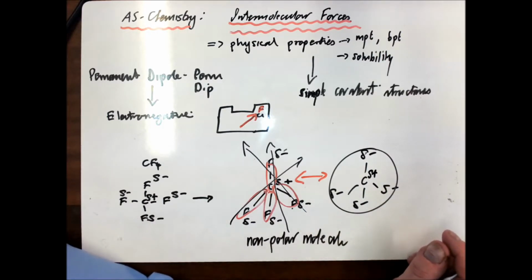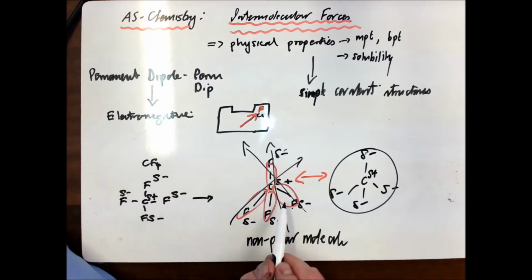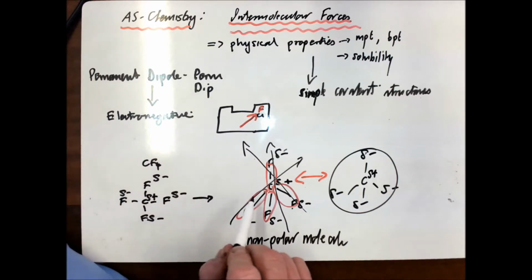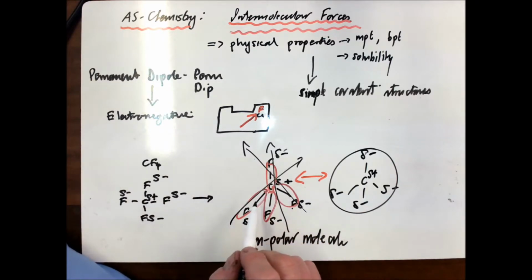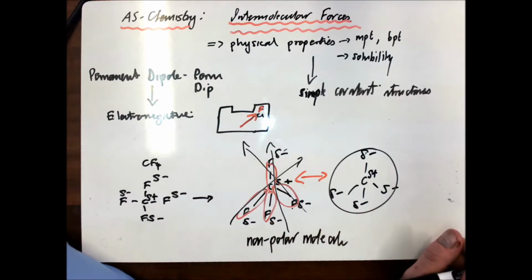So you need to be careful in terms of not just saying that something has got differences in electronegativity, therefore it has polar bonds, therefore it must be a polar molecule and have permanent dipole-dipole attractions. Polar bonds is not enough. It also has to have a shape which allows for dipole-dipole attraction.